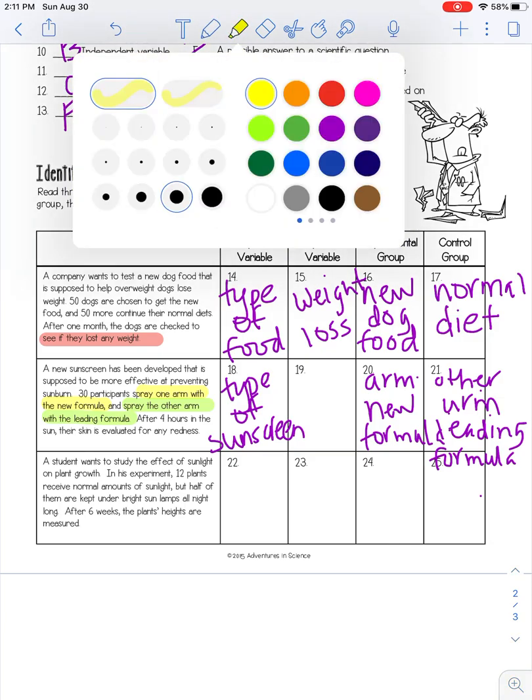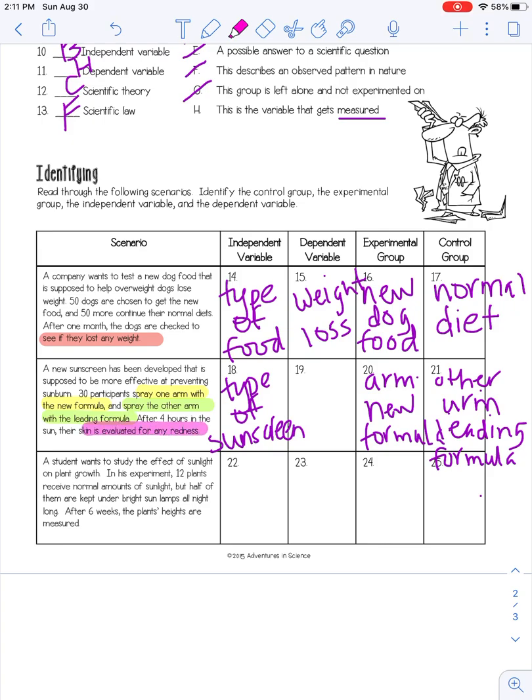We are going to be measuring our skin redness. So which one does a better job? They're going to take a look at both of those arms and compare them. Our control here is that we have the same people exposed to the same sun at the exact same time, and they're just going to see which one does a better job at preventing sunburn.